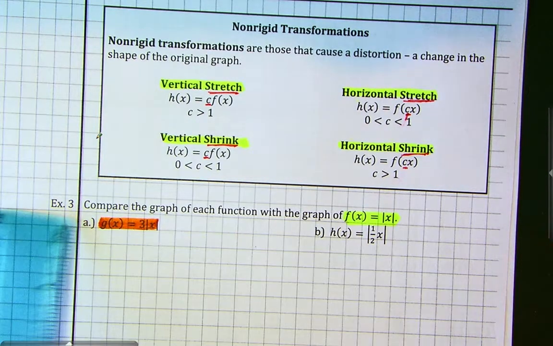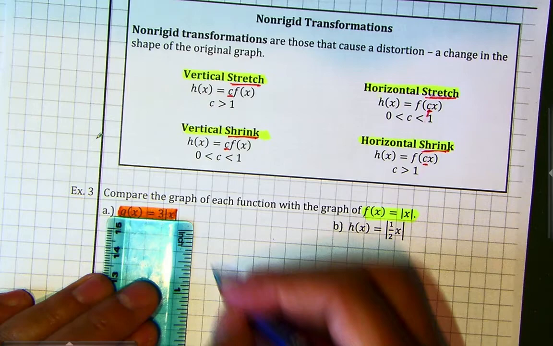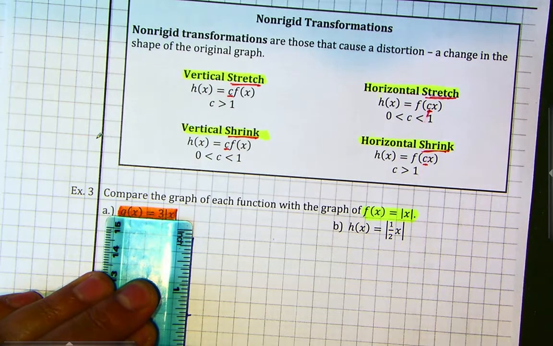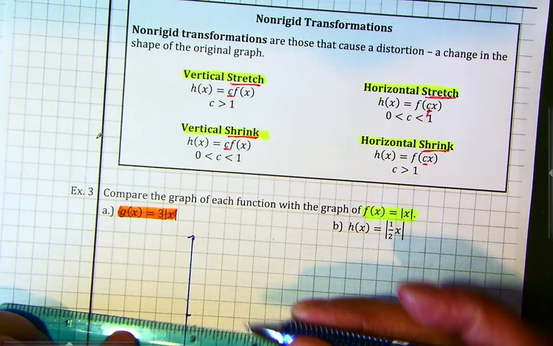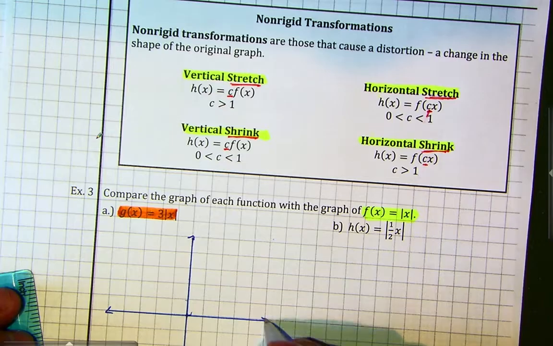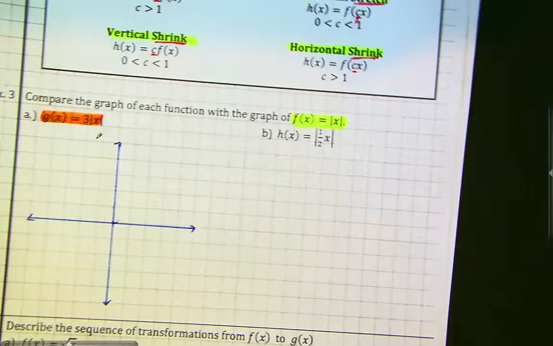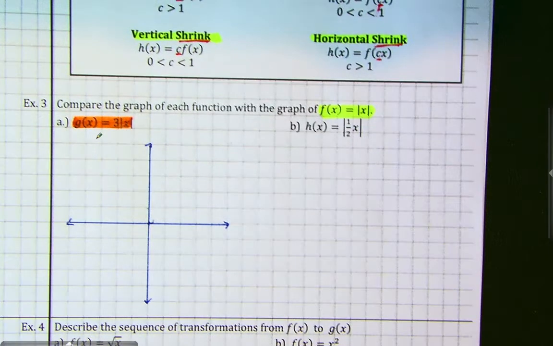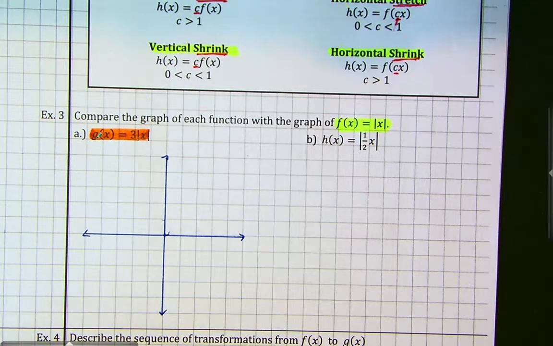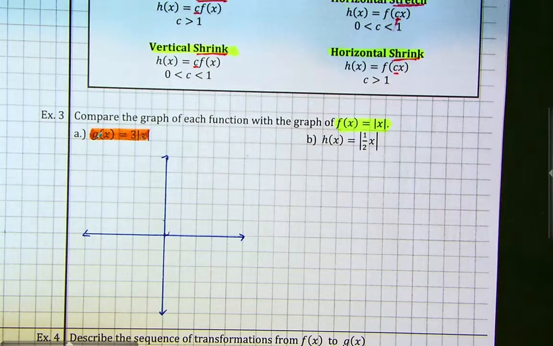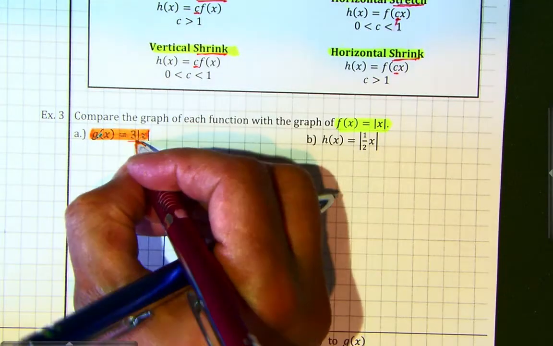So let's make it 5 by 5. And what is the 3 going to do to the graph? The 3 is going to be a vertical stretch. So it's going to stretch it by 3.